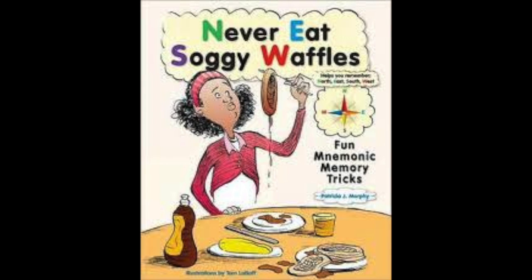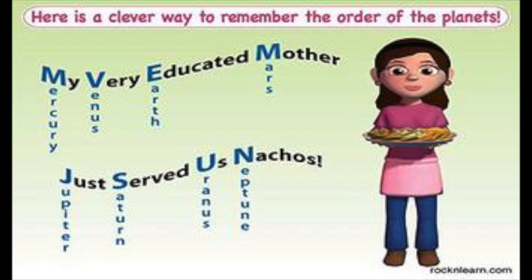Mnemonic devices are extremely effective at getting information from short term to long term, and then also helping you to recall that information later on. So you might think about information that you haven't used since elementary school, things like the musical notes, or maybe even the planets, right? But if you remember the mnemonic devices, which you most likely will because that's how effective they are, then that information comes right back to you.